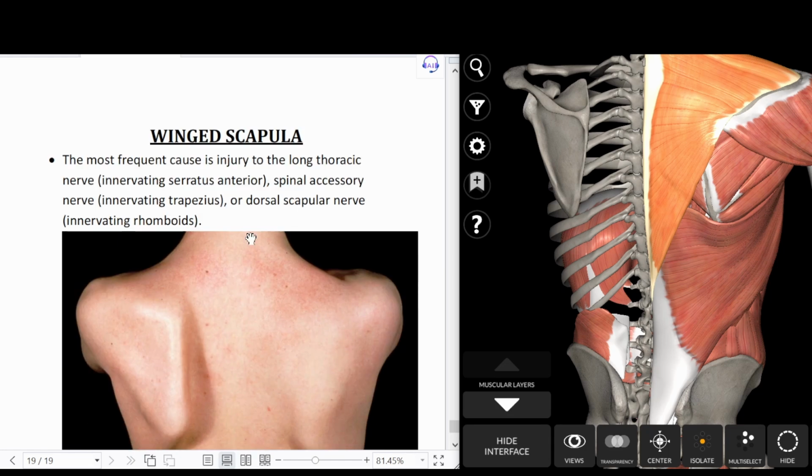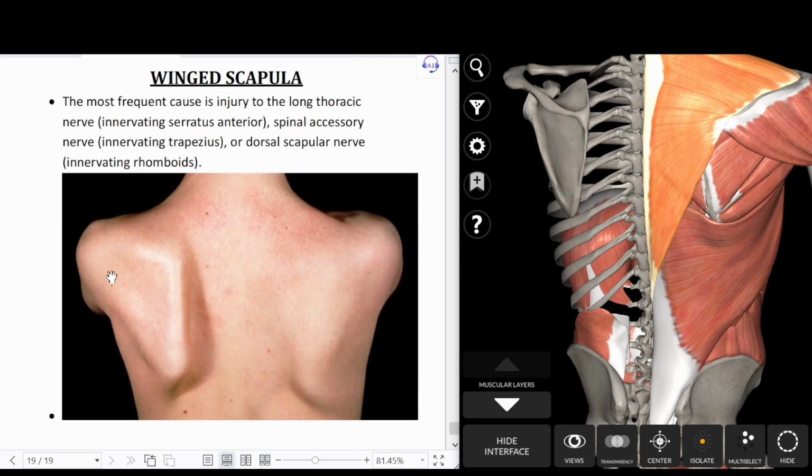In winging of the scapula, there are three different muscles involved. This is how the winging of the scapula looks, and this may or may not be accompanied with dropped shoulder. If there is an injury to the long thoracic nerve, it will damage the serratus anterior muscle.